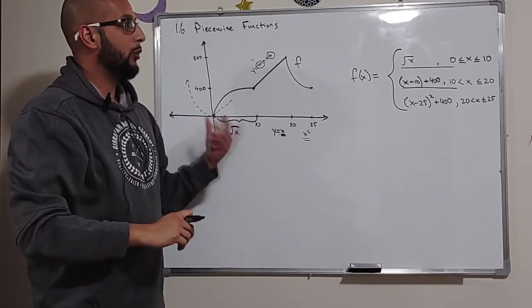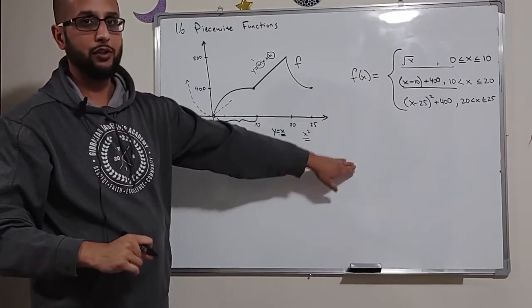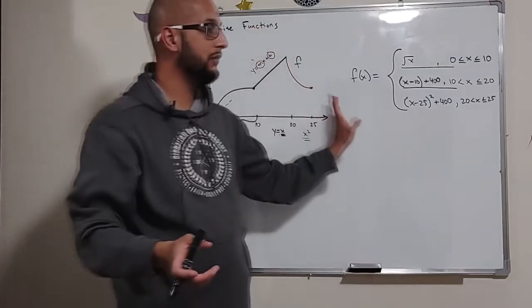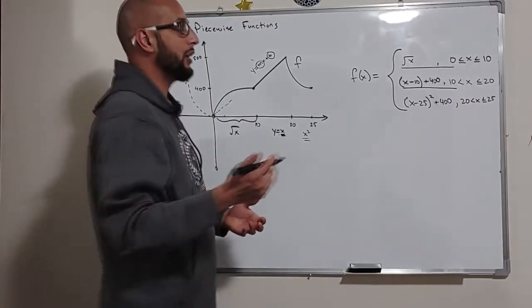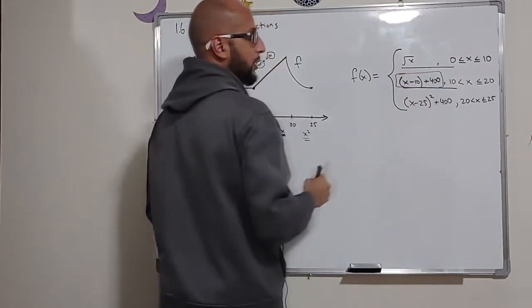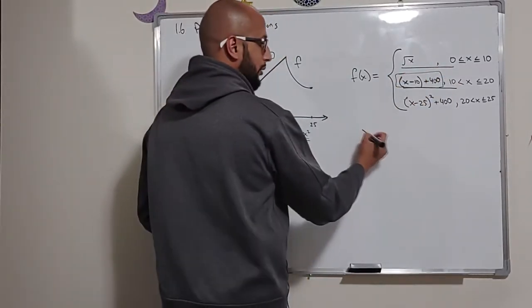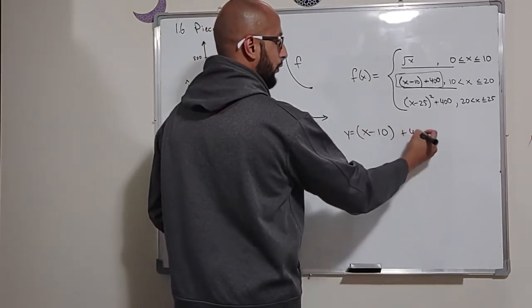I need to create an equation for each piece in this graph. Okay? What we're going to also look at now is how to simplify this equation. It is not necessary. You are perfectly fine to leave it like this, but just in case some of you may be doing it a different way, I do want to show you how this can be converted into mx plus b form. So just remember, x minus 10 plus 400.